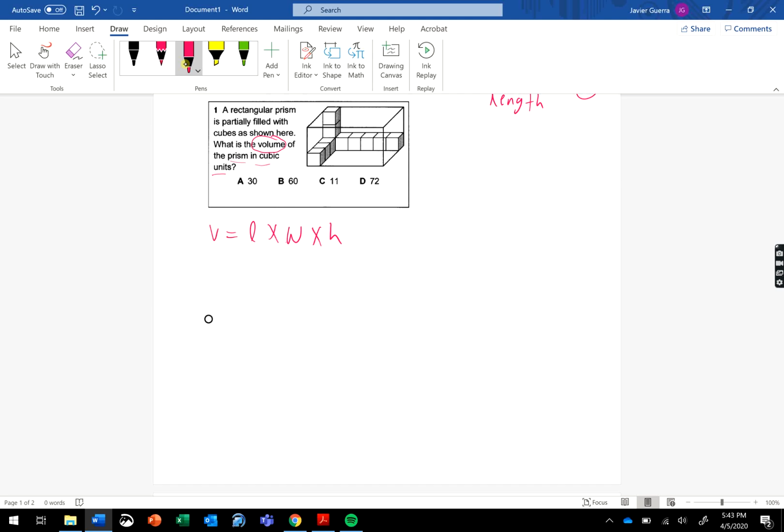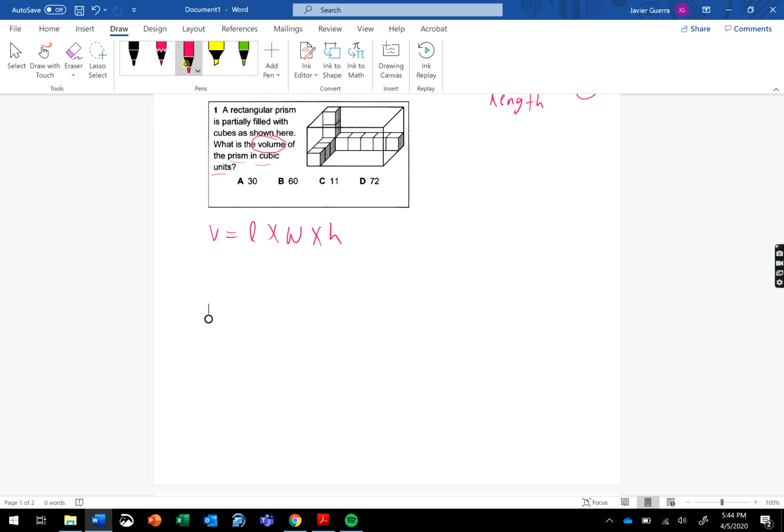And we need to use these cubes that we have here to help us figure out the volume, right? So we know the volume is the capacity inside of this. We can see that this rectangular prism doesn't give us a picture of it completely full, but we can use what we have here to find out the total volume inside of it, right?